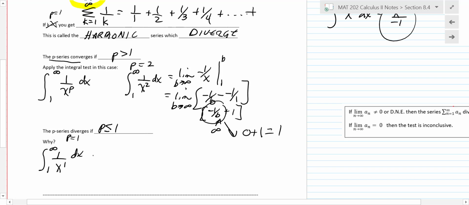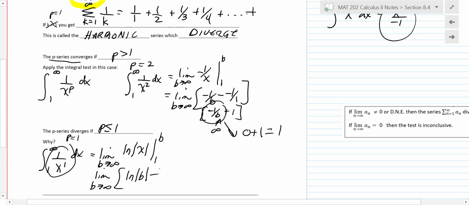Well, if you did this integral, without going through all the details, you would be looking at the limit as b goes to infinity. What's the value of 1 over x's integral? ln of x, okay, then you would evaluate from 1 to b. What you would end up having is the limit as b goes to infinity of ln b minus ln 1.